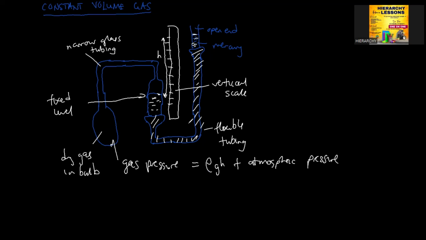So the constant volume gas incorporates the manometric properties. These temperature readings are sometimes called ideal gas temperatures because we use a gas that behaves almost ideally.